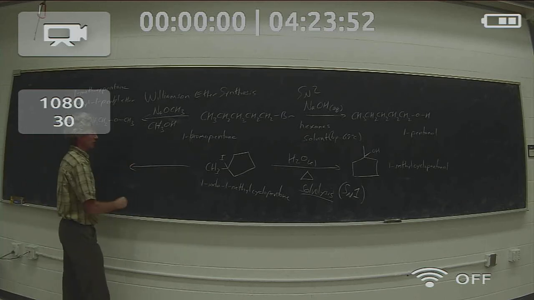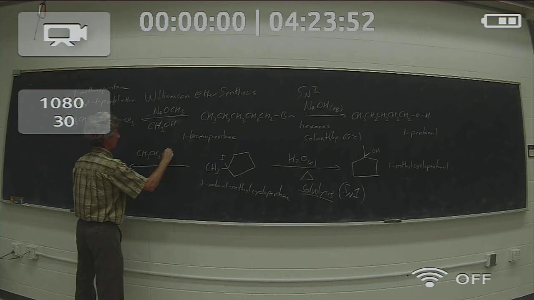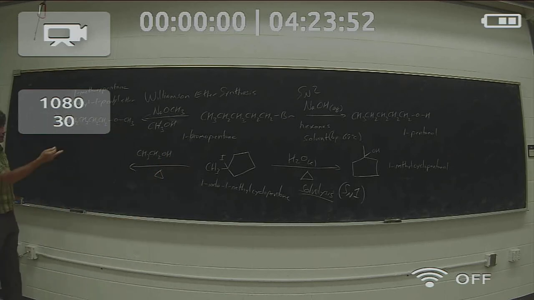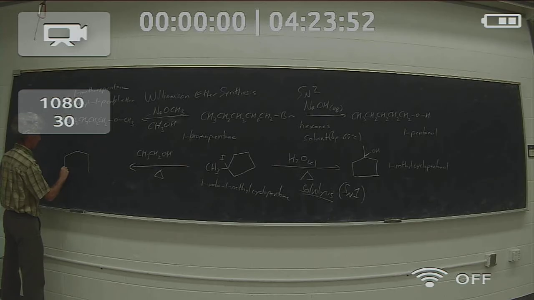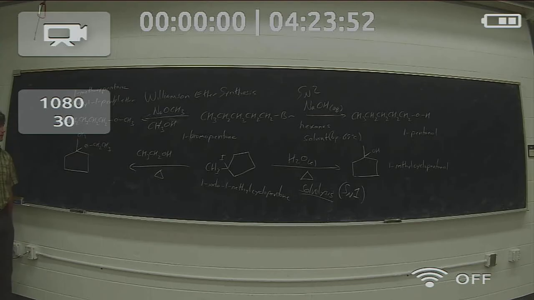Simply by switching the solvent from water to ethanol and heating it up, we will have a different solvolysis reaction where the nucleophile is now ethanol instead of water. And we can make tertiary ethers, in this case, the ethyl ether rather than the methyl ether because we're working with ethanol solvent.